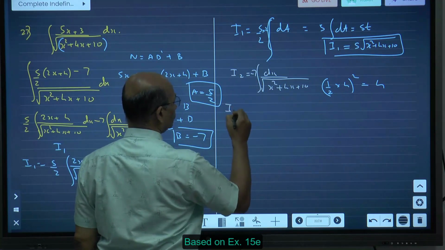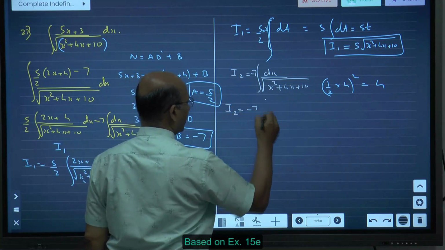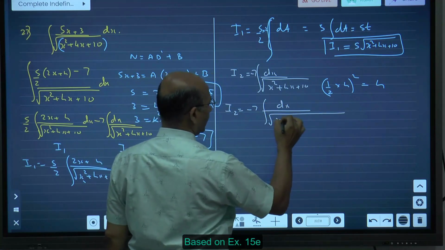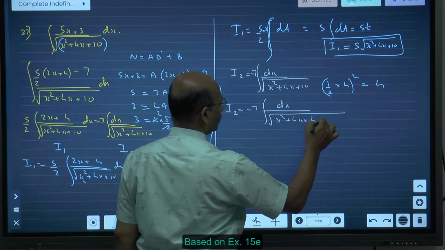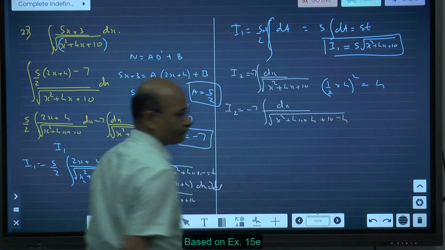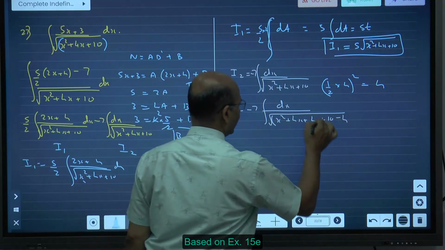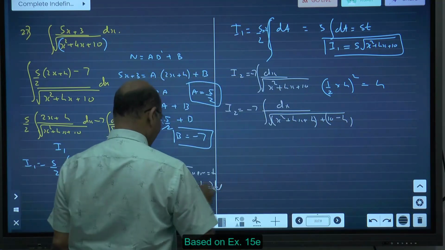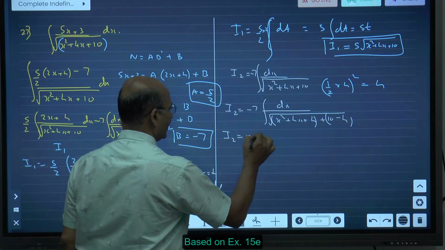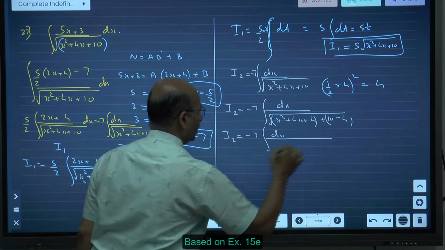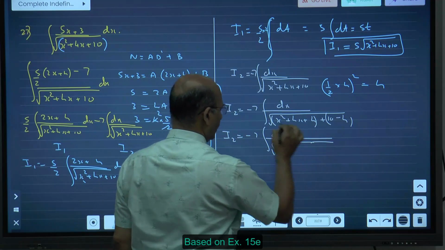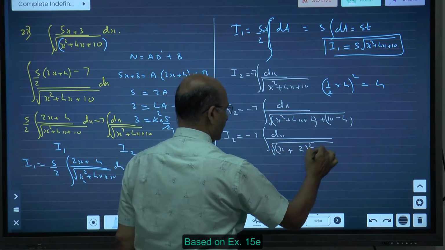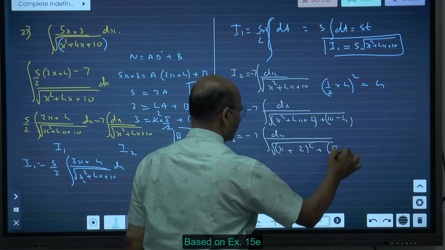So I2 will be minus 7 integral dx upon root of, this is x square plus 4x plus 4 plus 10 minus 4. I added 4 and subtracted 4, paired it up, and this will get converted to a perfect square form. So just see the beauty of this. I2 is minus 7 integral dx upon root of, this will become x plus 2 whole square plus root 6 whole square.